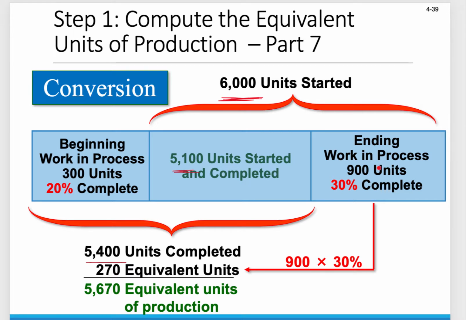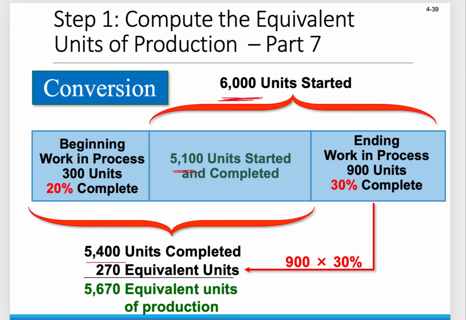The ending WIP consisted of 900 partially completed units, which were 30% completed with respect to conversion costs. That means we technically have 270 equivalent units, because 900 units that are 30% completed are equivalent to having 270 completed units. That's really what we're saying here.